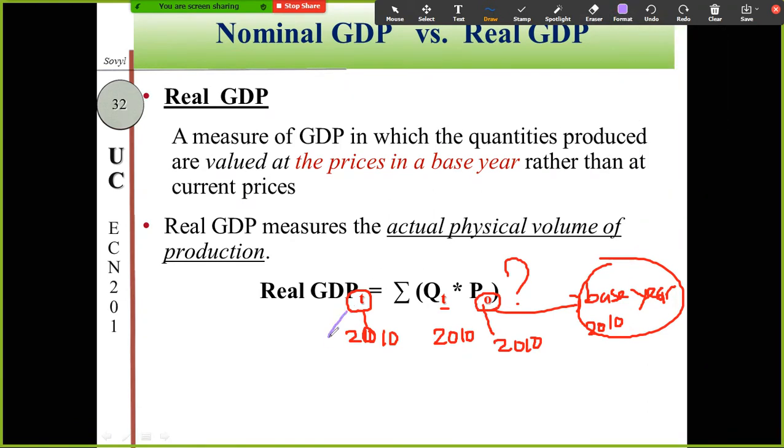If t changes to 2015, real GDP 2015 comes from the quantity of 2015 multiplied by the price from the base year. What is the base year? 2010. That's why 2010.